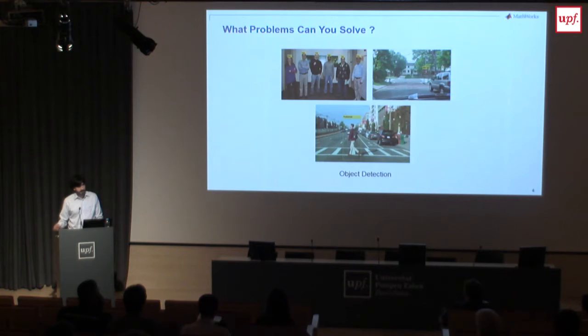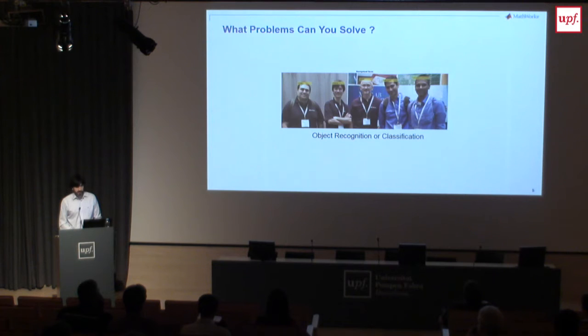Also, advanced driving assistance systems in cars help detect pedestrians, cross signs and cyclists. There's also object recognition or classification. It's becoming increasingly popular. Social networks like Facebook or Google+ use it to tag our friends. And this is a very popular machine learning technique as well.